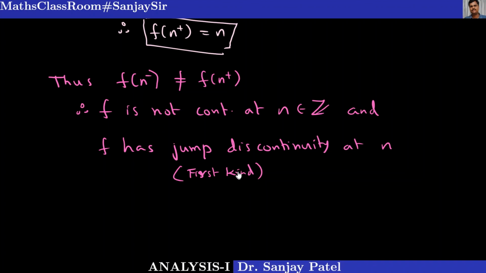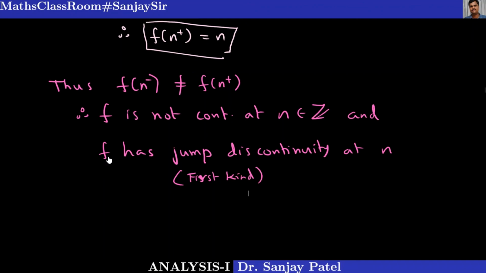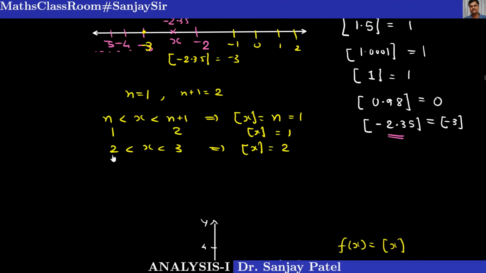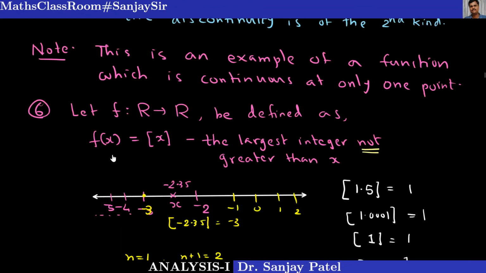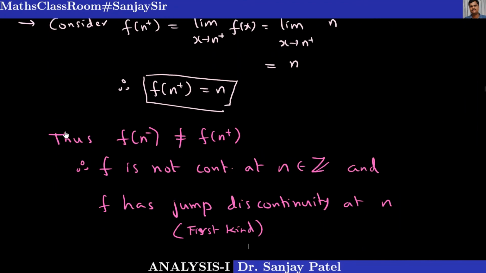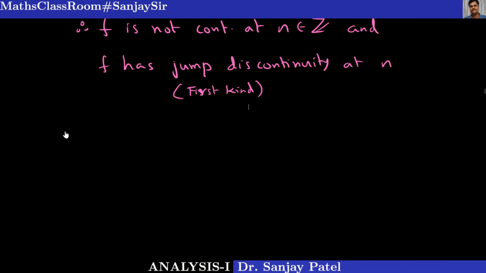So a nice example, and again a similar example based on this bracket function is what is known as the fractional part function. We have solved 6 problems. Let me solve one more interesting one, the 7th problem.